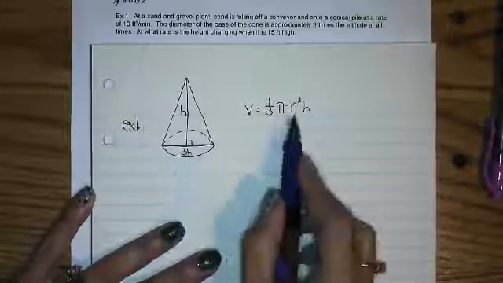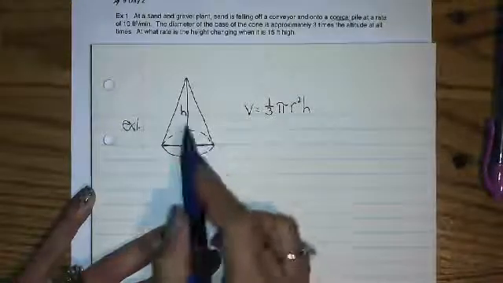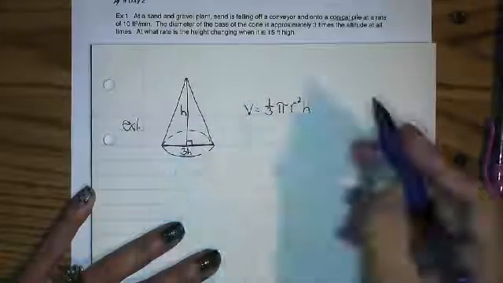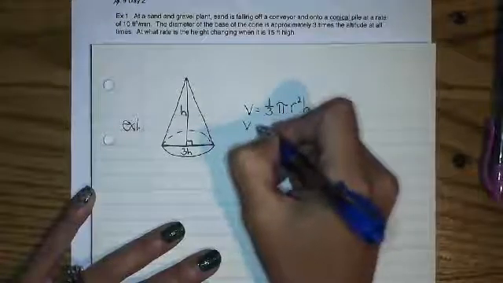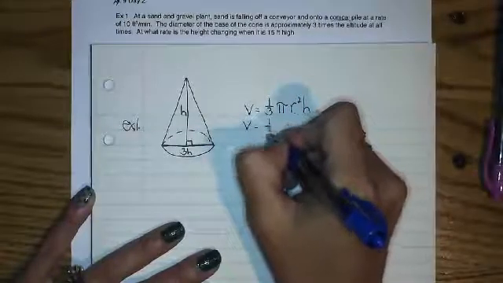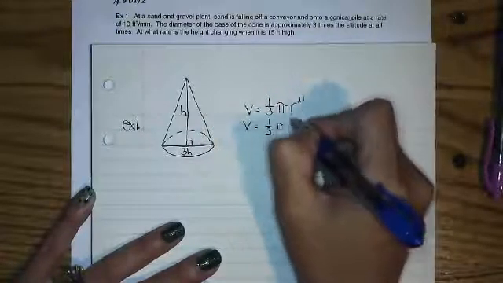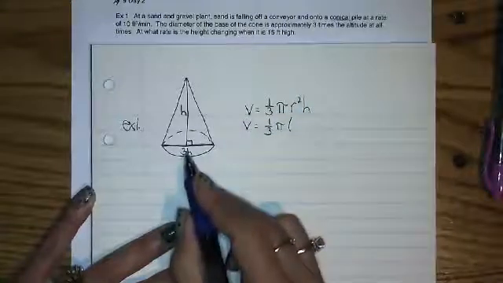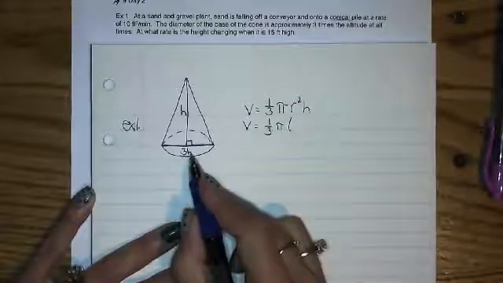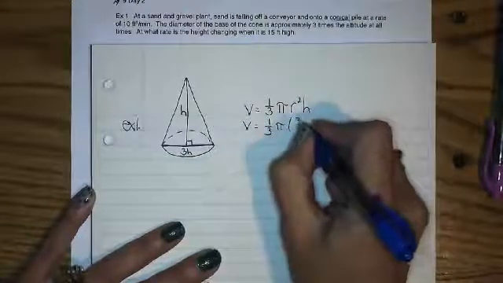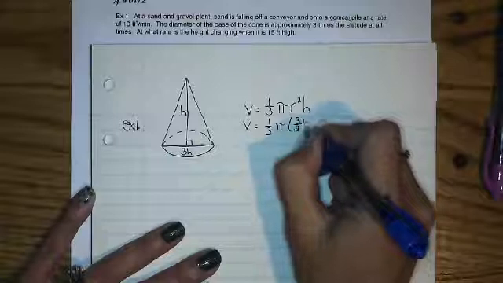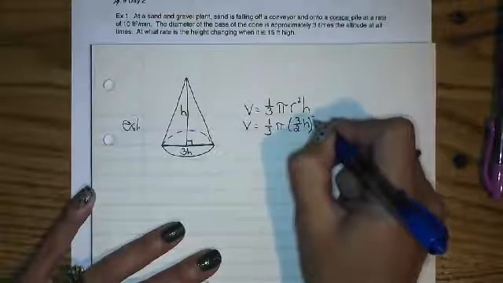And now I can write the radius in terms of the height, because they gave me that relationship, making my equation a little bit easier to work with when it comes to derivative. So the radius is going to be half of 3h, so I'll go 3/2 h, or you can put 1.5h.